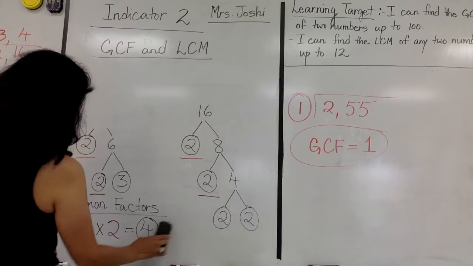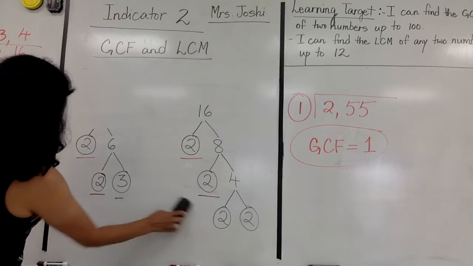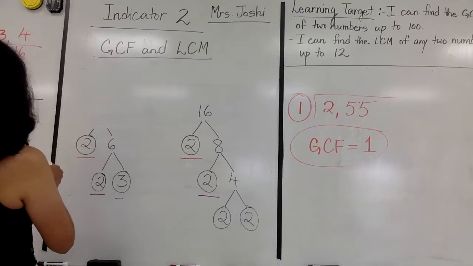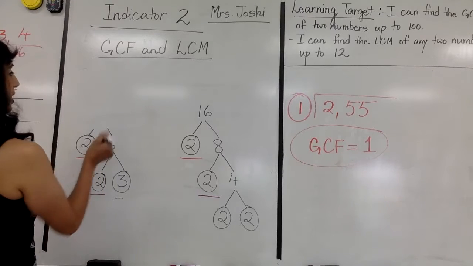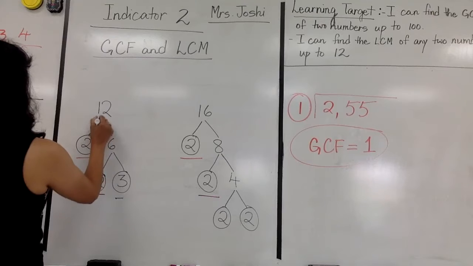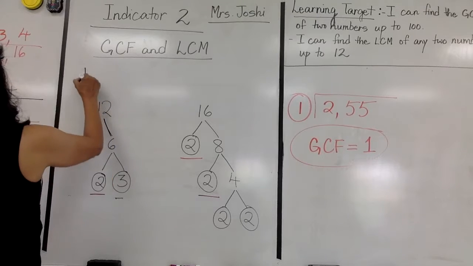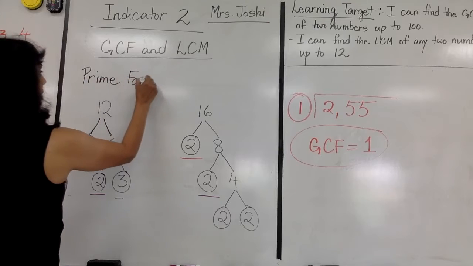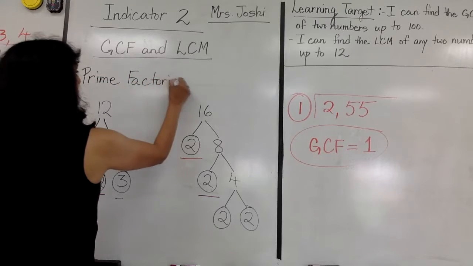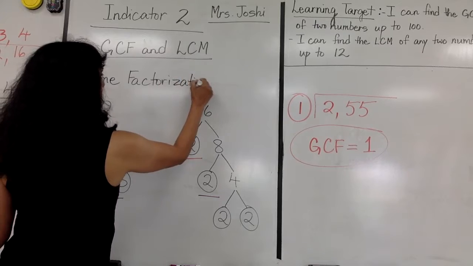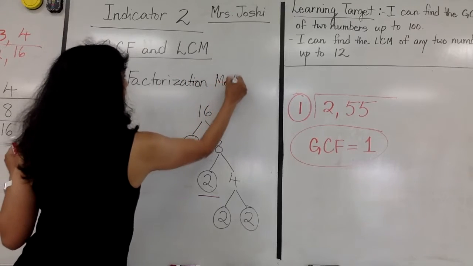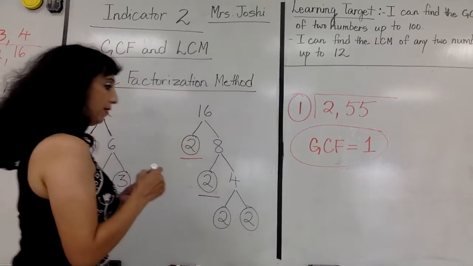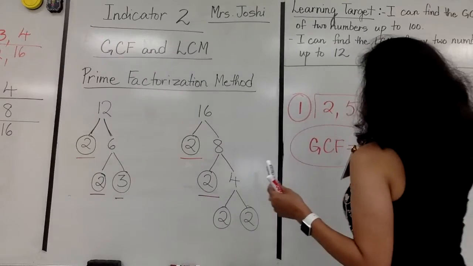Well, I should have just left this one, because we are going to do the prime factorization method. I think this was 12. Let me just use the same numbers so that you can see the difference. So this is the prime factorization method. And we have a list method.